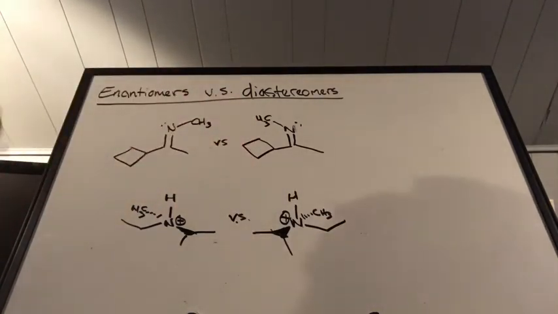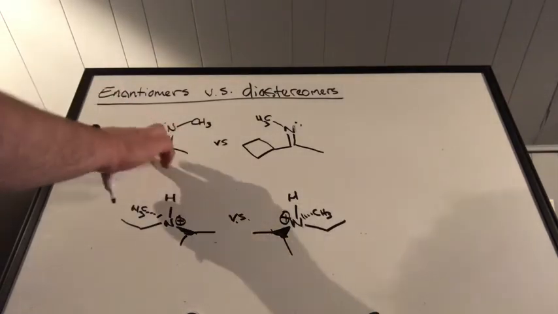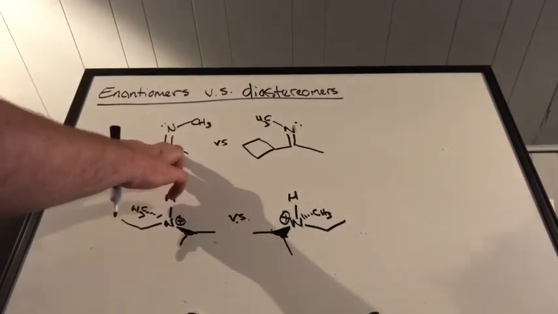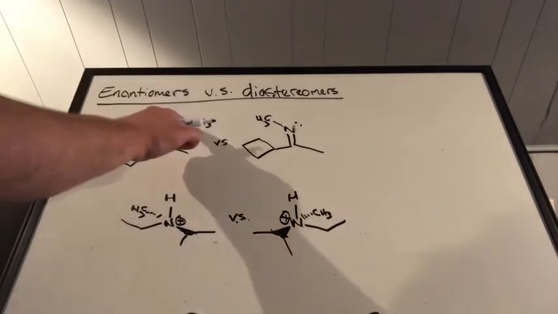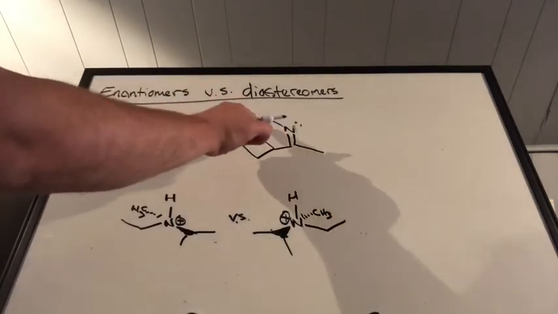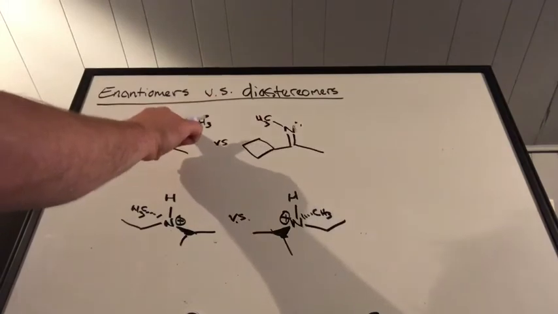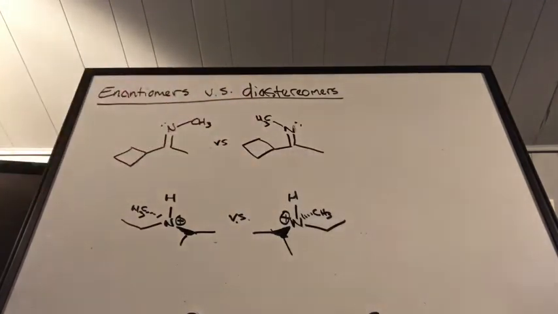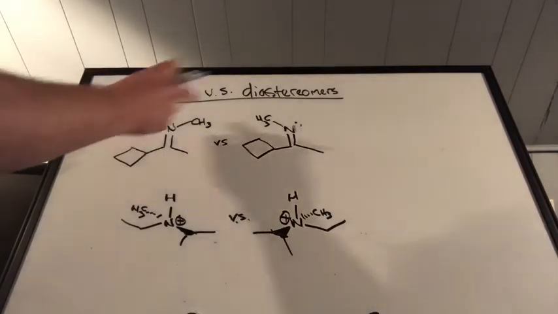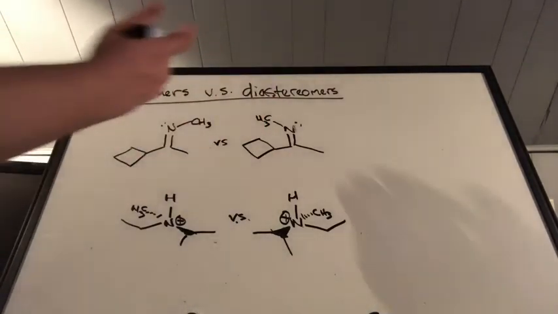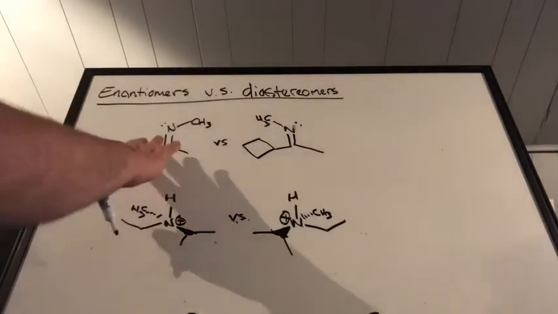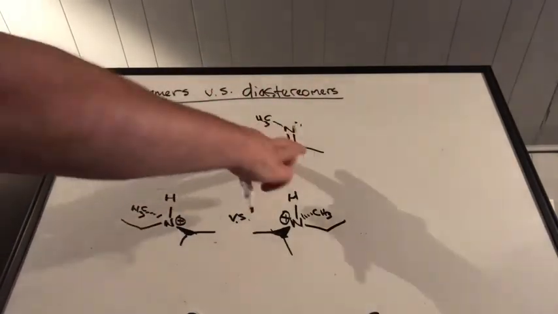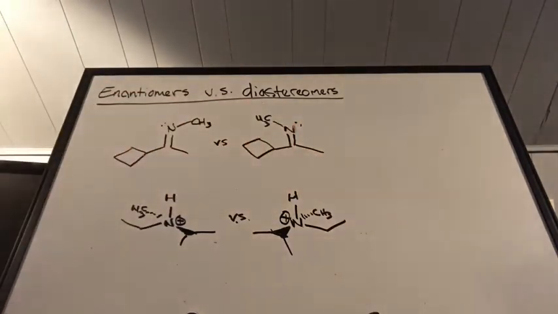The thing is that while these 2 substituents connected to the carbon are fixed in place, what's changing here is the position in which that CH3 group is branched off of the nitrogen, and where the lone pair is. So these are not a mirror image of one another at all. If you were to flip this over, you're going to have these 2 swapped over.